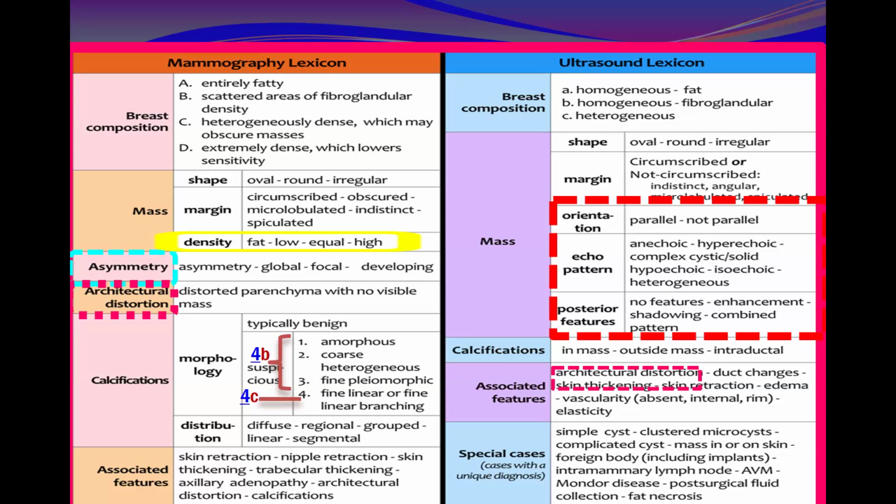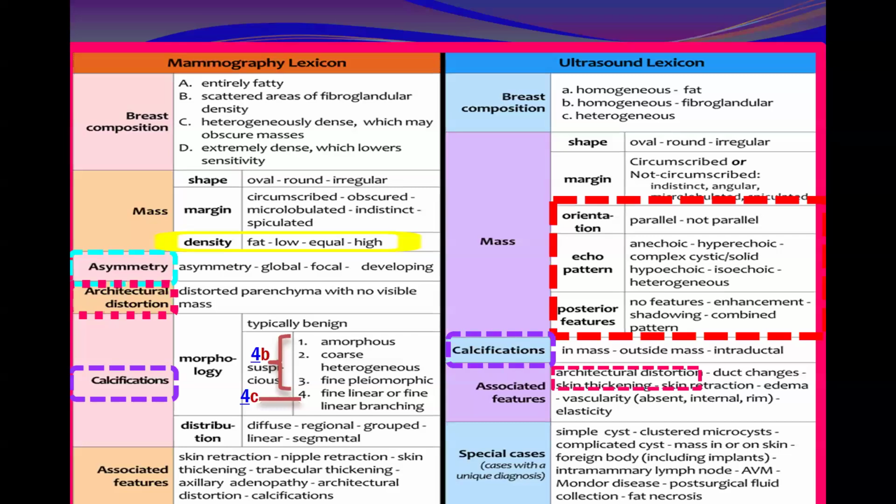Regarding the mass descriptors, orientation, echo pattern, and posterior features are ultrasound unique descriptors. We cannot use them in mammography descriptions.